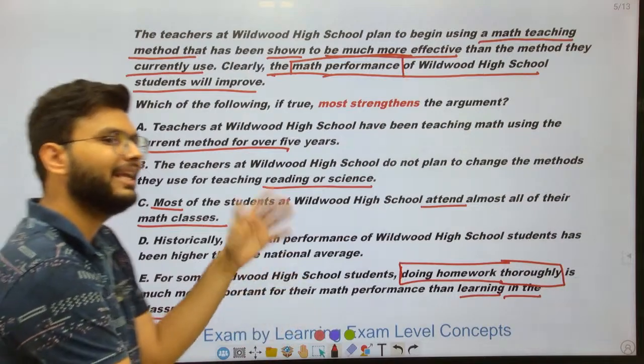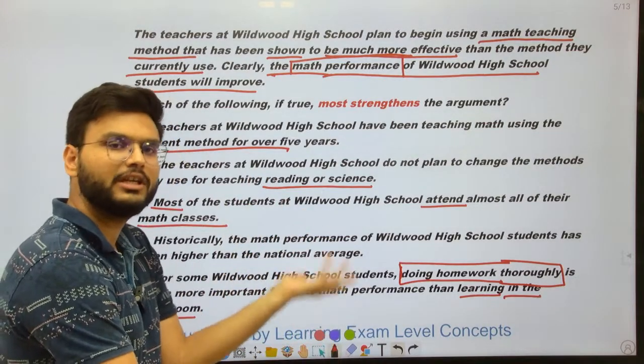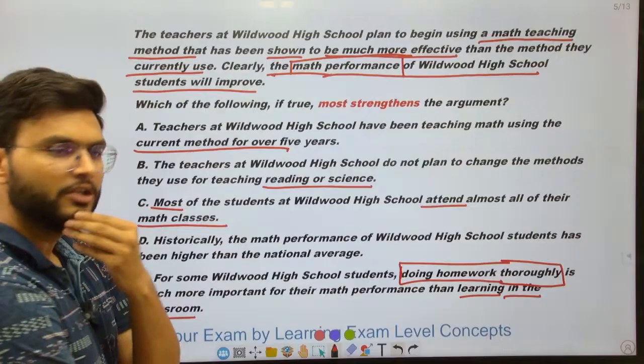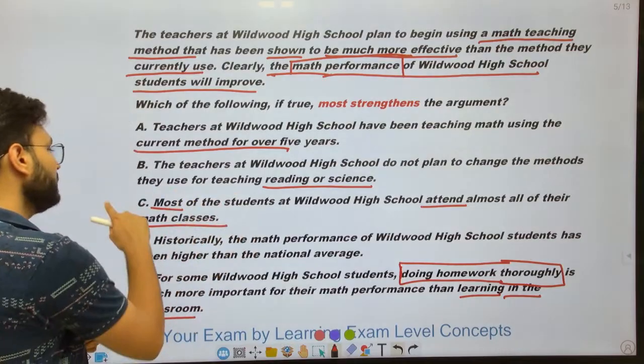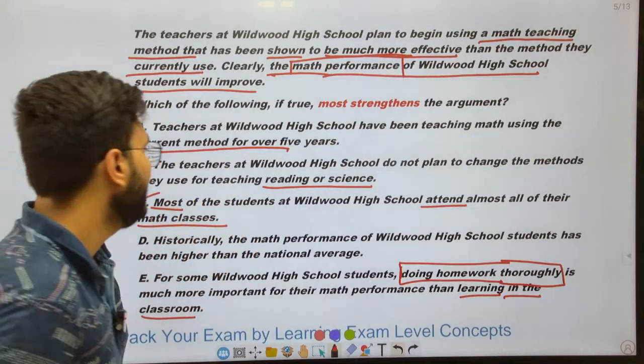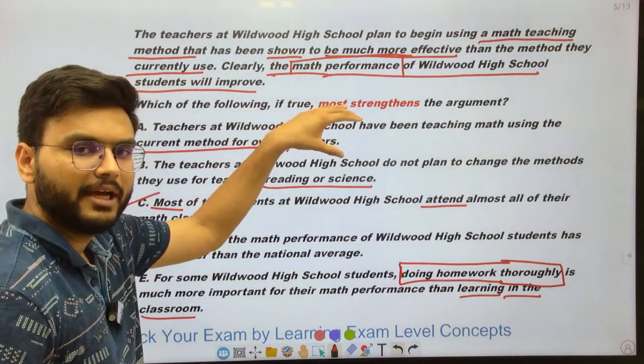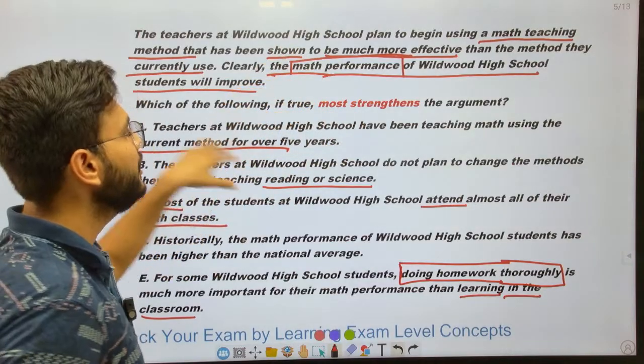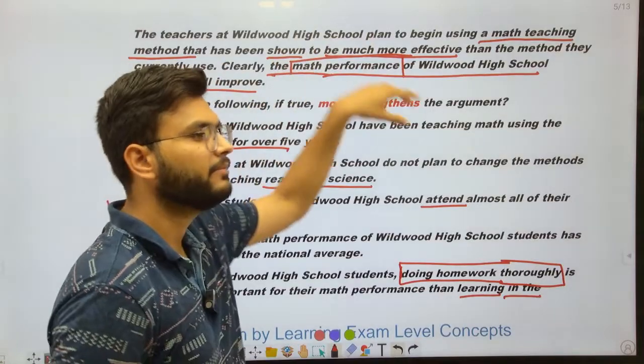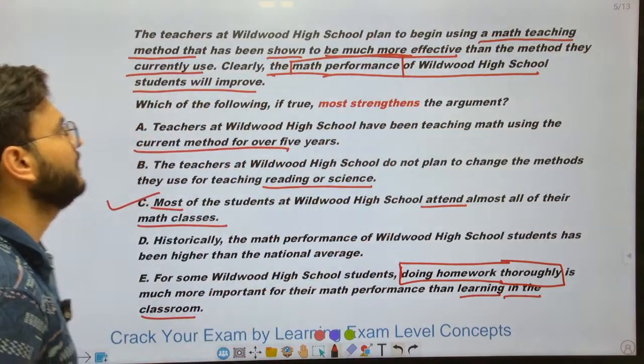So it does not have any effect, or rather I would say it is doing the opposite of what I have to do. So I have only one choice, option C, which tells me that the new math teaching method can improve math performance more effectively.